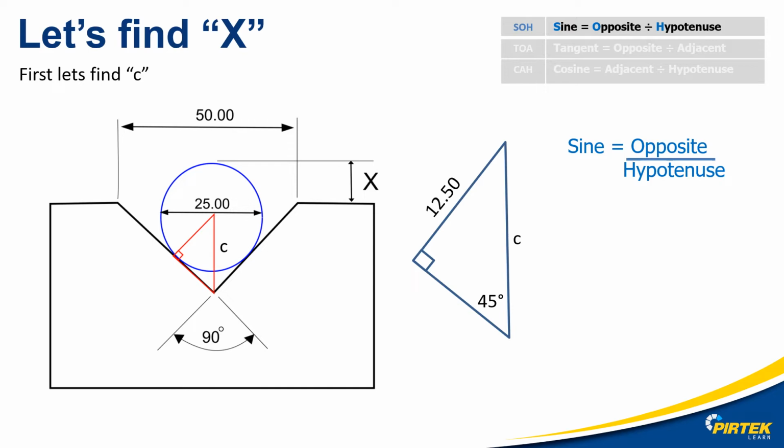In this case, we're looking for C, which is the hypotenuse of the triangle. We have a reference angle, an opposite side and a hypotenuse. So sine equals opposite over hypotenuse, so we'll be using sine. Our reference angle is 45 degrees because it cuts the 90-degree corner in half.